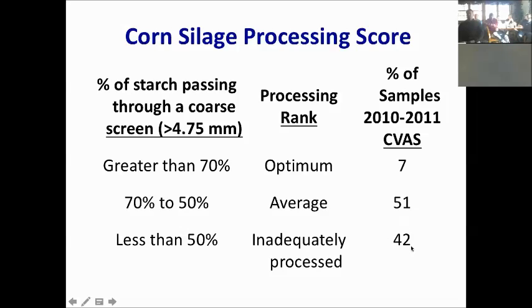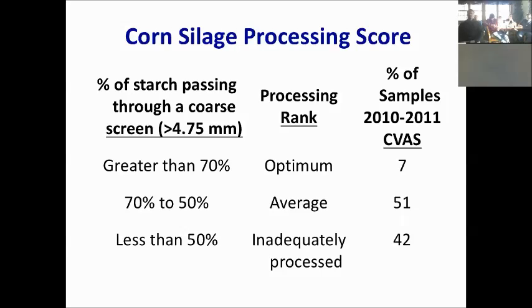I believe if you look at the data today, you would see these numbers greatly improved, and probably we're seeing numbers up here in the 15 to 20%, here probably 40 to 50 to 60%, and the inadequately processed numbers now coming in from a number of labs. And I've seen recent data from Rock River and Dairyland and Cumberland. This number is probably down more into the 15 to 20% range over the last probably 5 or 6 years. So the industry really appears to have improved a lot.